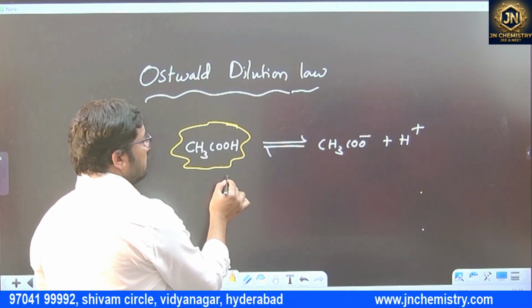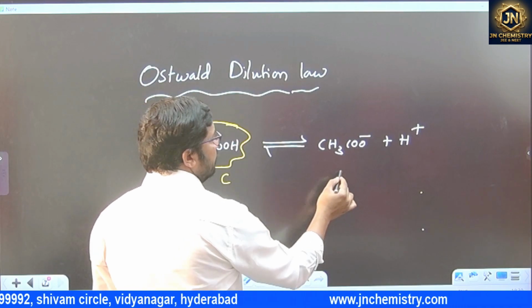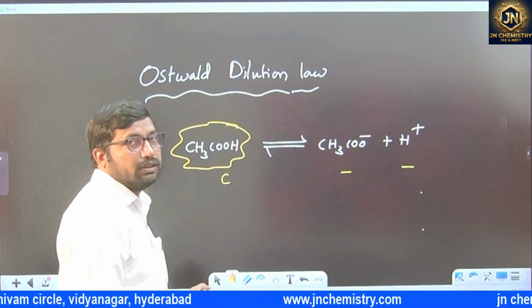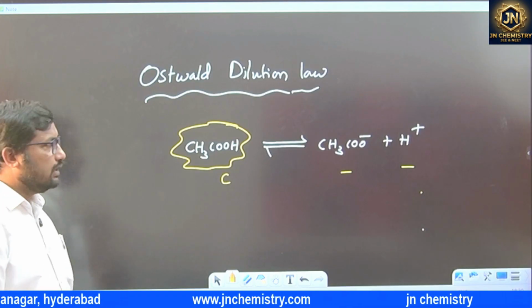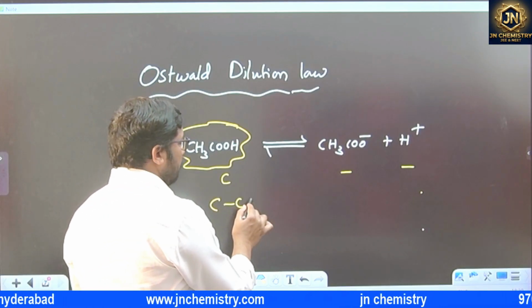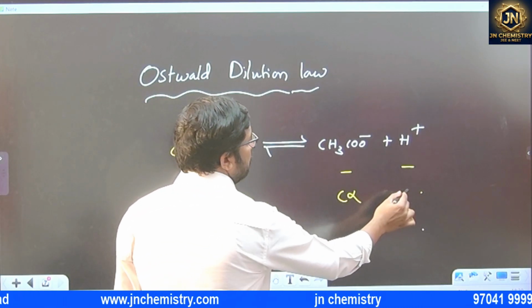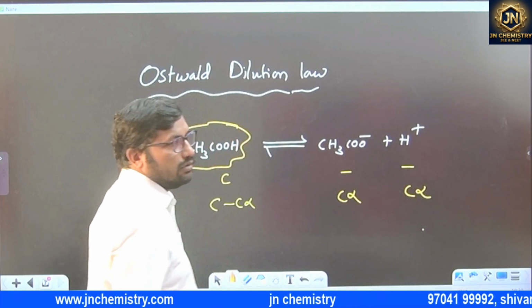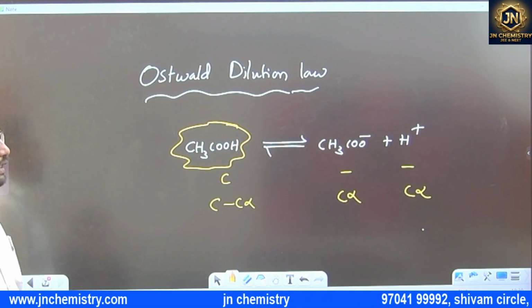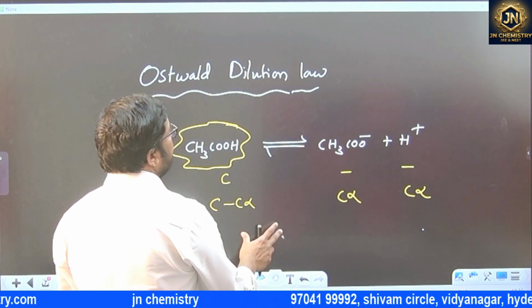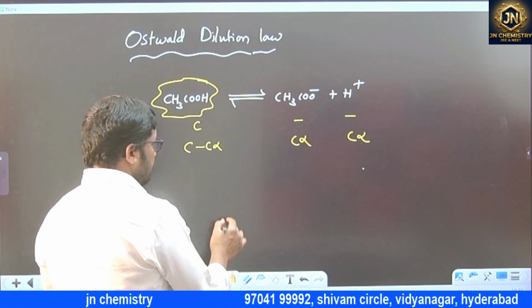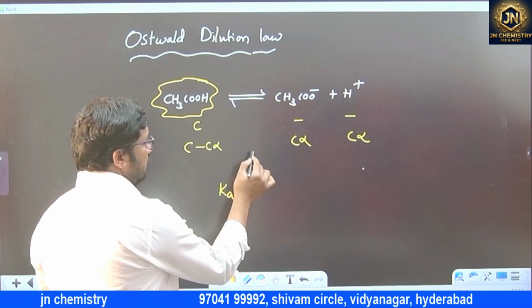We are taking the initial concentration C. After some time, the degree of dissociation I told you: C minus C alpha, C alpha, C alpha. Right? This is an acid, so the equilibrium constant I would like to call Ka. Ka is equal to what?